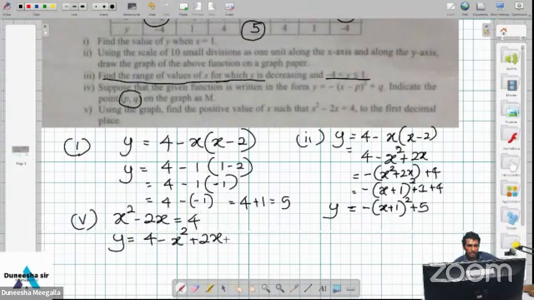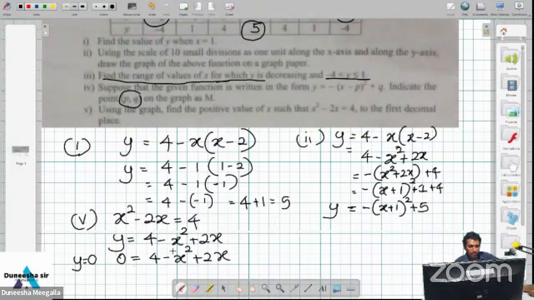Then when y is equal to 0, we can convert the function like this: 4 minus x square plus 2x. Okay.